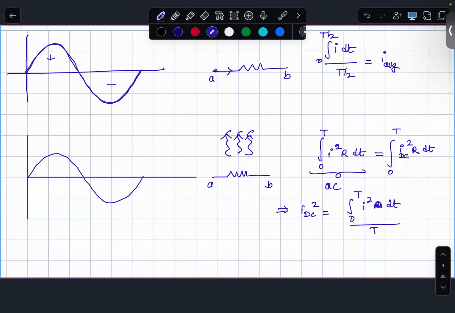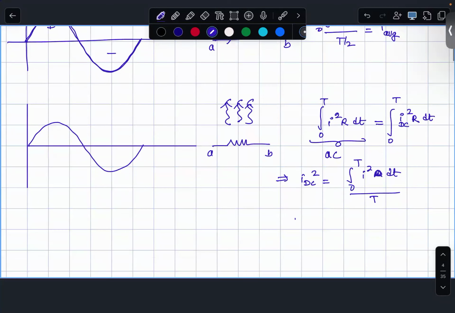And IDC is under root, 0 to T I square dt by T. Remember, if I am passing some DC current, say for a given time, the amount of heat generated through the resistor is some Q or H. To produce the same H in the same time, the equivalent AC current I am passing through, I am thus integrating that.